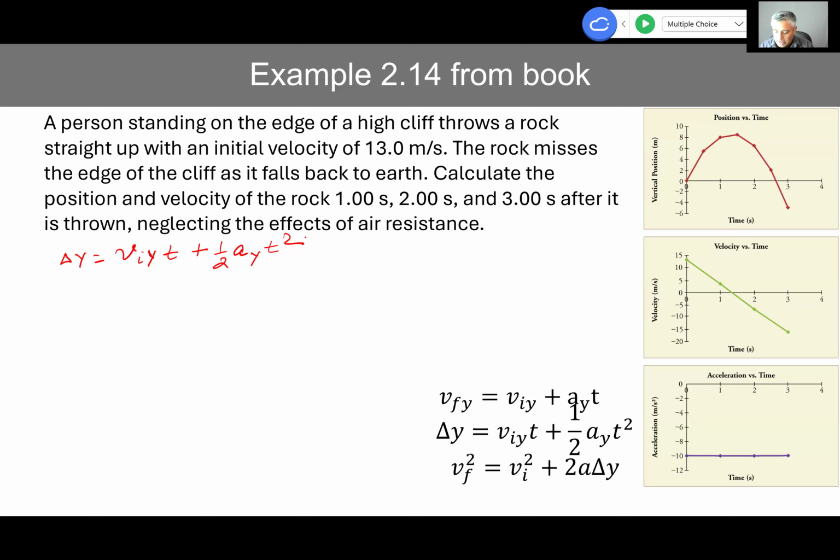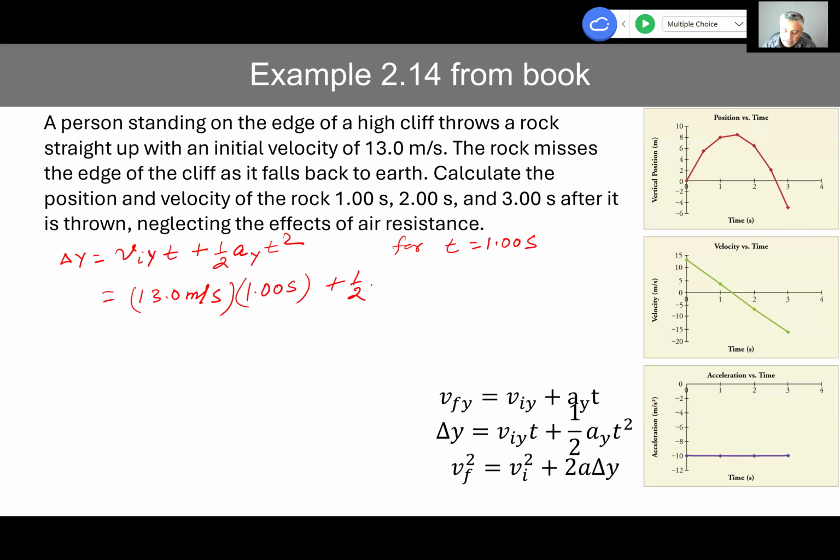So in this case, initial velocity is known, 13 meters per second, and I'm doing this for t equal to 1.00 seconds.